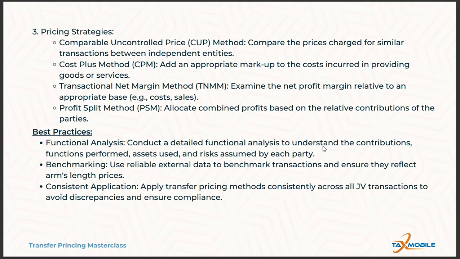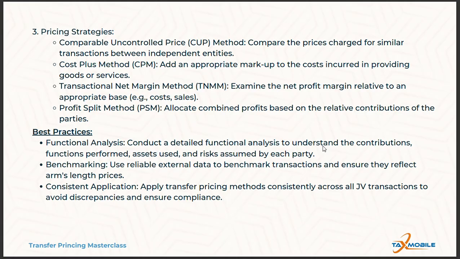TNMM method is ideal for more complex services or when significant risks are assumed by one party. Now, with the profit split method, the combined profits from the JV's activities are allocated on each party's relative contributions. So this method is appropriate when both parties contribute valuable intangibles or assume significant risk.